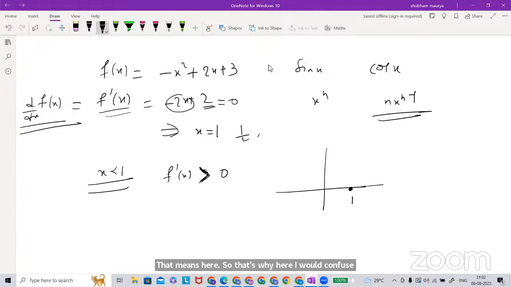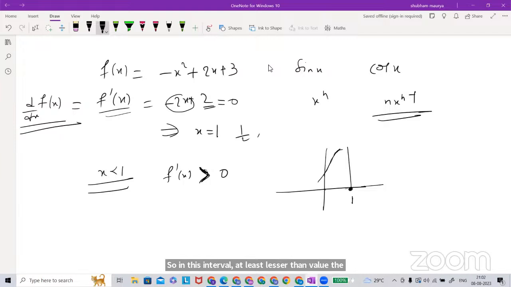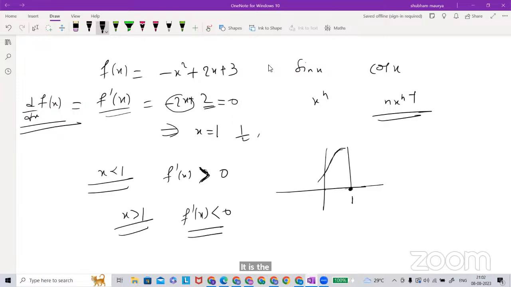Here is 1, so at least at 0 the graph will be like this. In this interval, at least lesser than that value, the function is increasing like this. And if x is greater than 1, what is going to happen in that case? F prime x is going to be lesser than that.